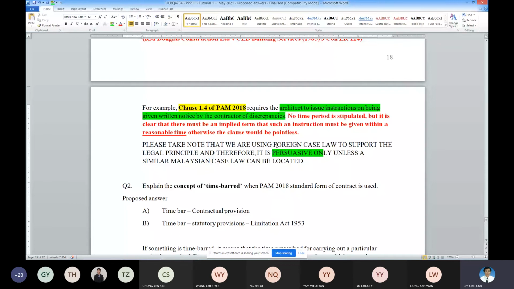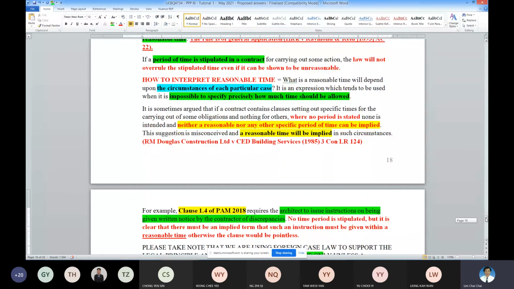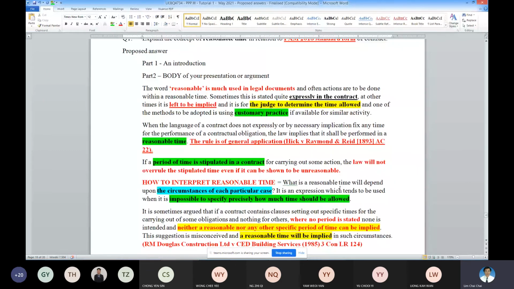If you're not clear, you have to read a few times to understand the basic concept, which I don't think is that difficult. The bottom line is this: if there's nothing written, then the judge will have to imply, if party A and party B cannot agree over the interpretation of the reasonable time.